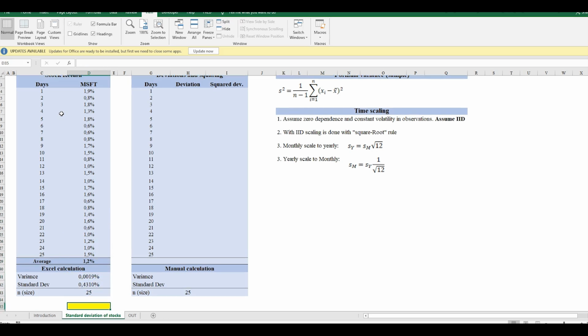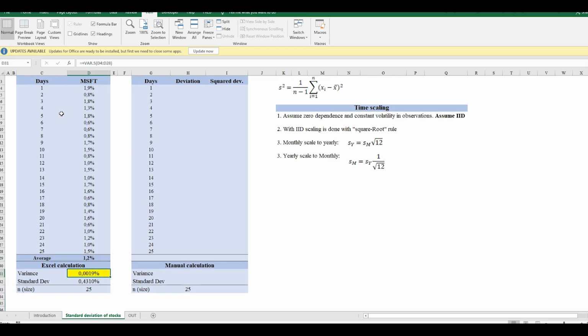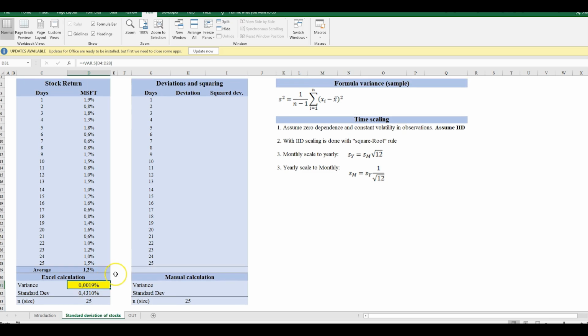Now let's just start without looking into the formula, which is up here in the right corner, but let's just have Excel calculating the variance, which is done by this formula bar on the time series.